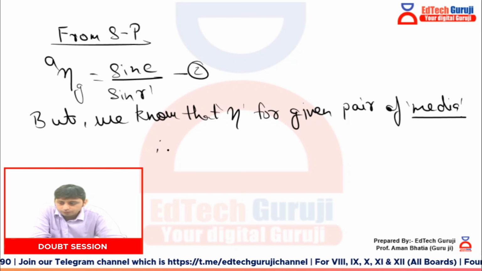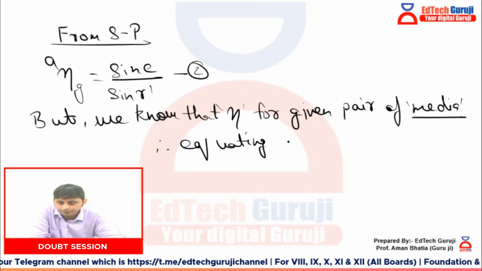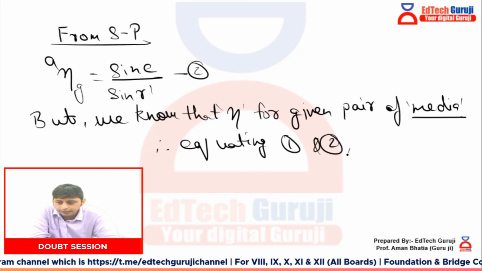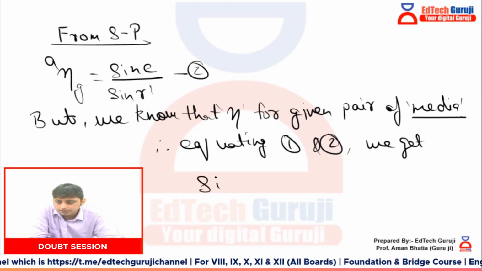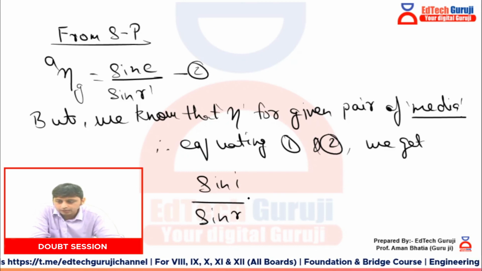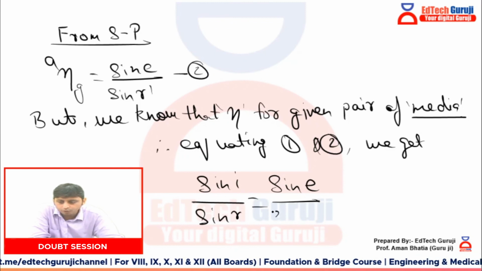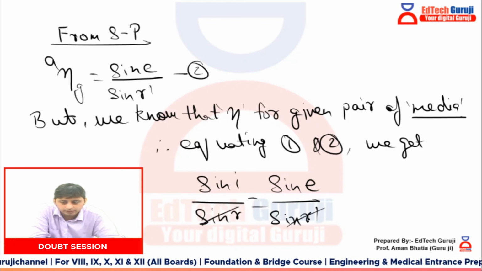So therefore, equating 1 and 2, we get sine I upon sine R is equal to sine E upon sine R dash. Now R was already equal to R dash, we had already said that.